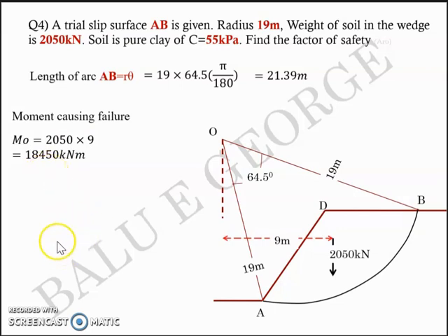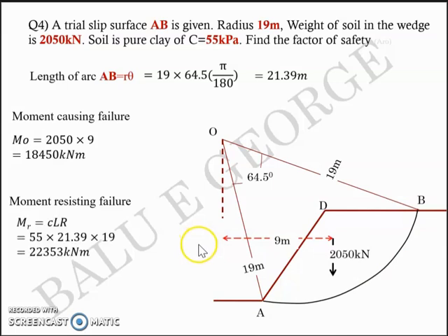And the moment resisting failure should obviously be something that's anti-clockwise. So when you think about this, you'll understand that the moment that resists failure is the effective cohesion that is mobilized along the surface AB. So cohesion acting along the surface AB will try to prevent the slope failure. So MR, moment resisting failure, equal to cohesion multiplied by the length of the arc multiplied by the radius.